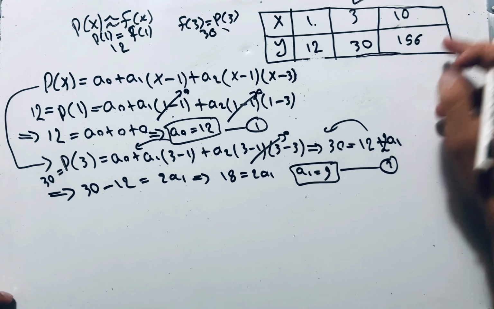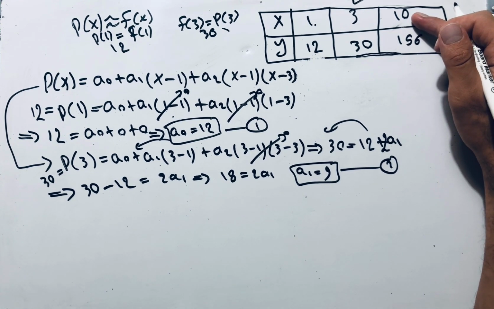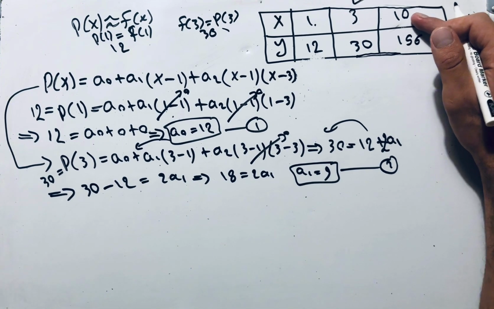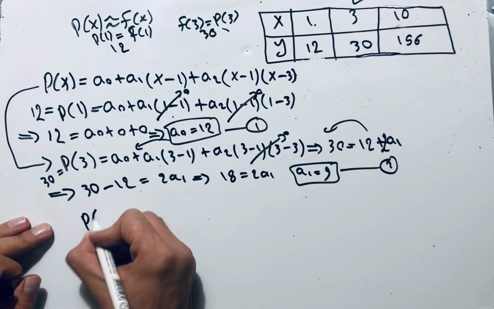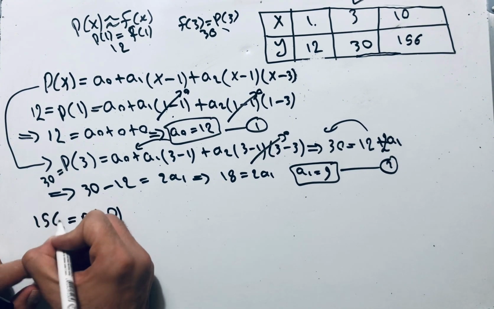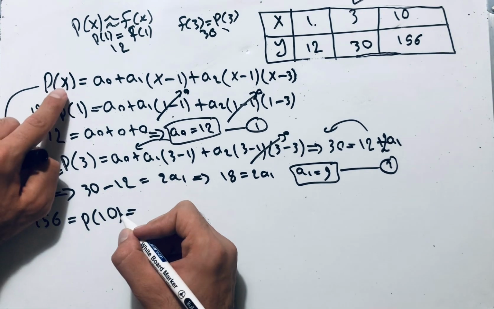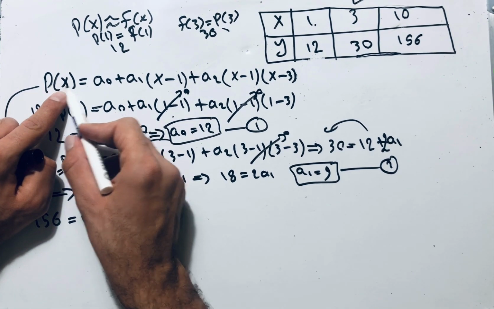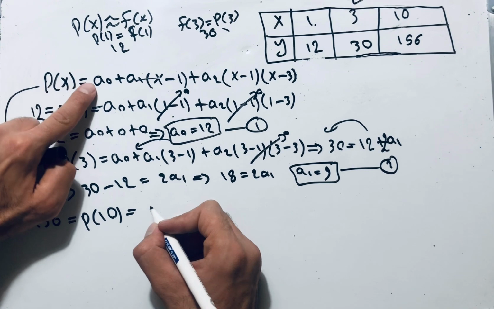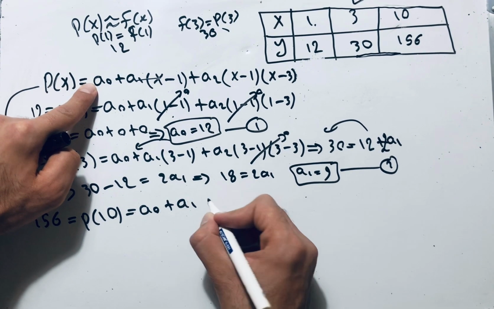And for the last one, obviously we're going to be using the value 10 because it's the only value that is given and we haven't used it yet. So p of 10 is equal to 156. All right, and then this is equal to putting x as 10 here. Okay, so again we can write a naught plus a1.